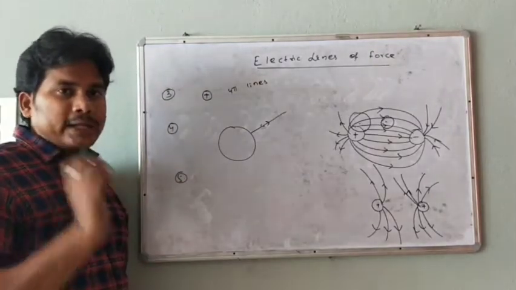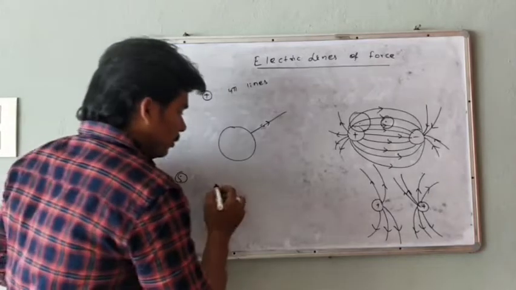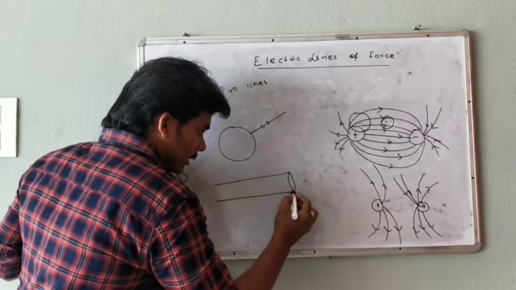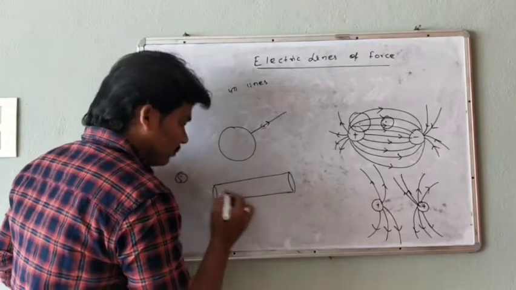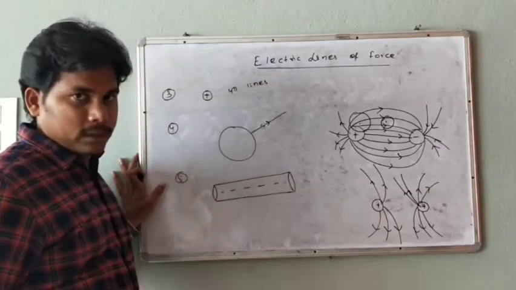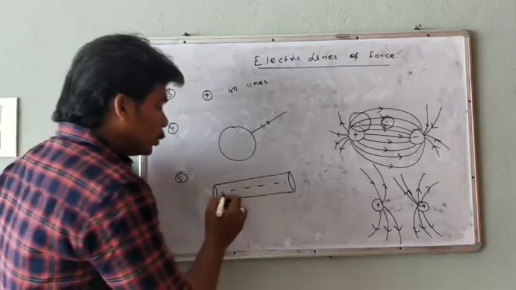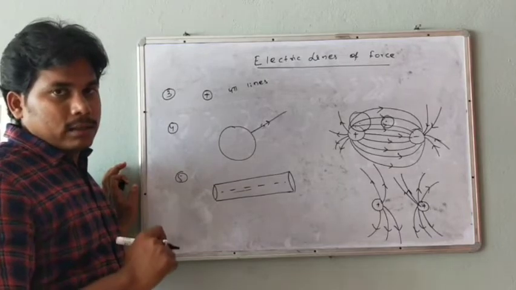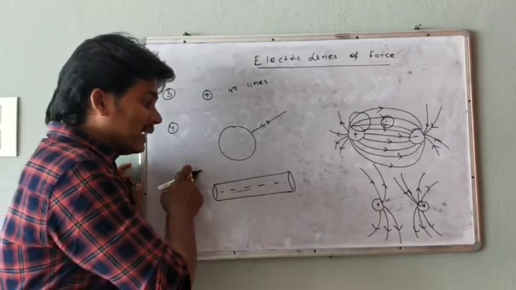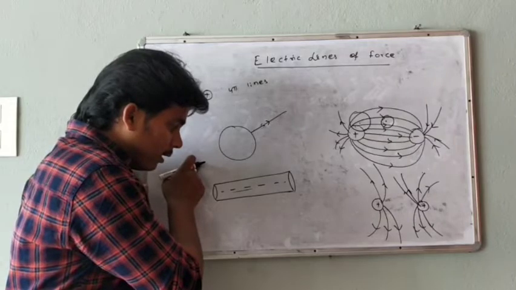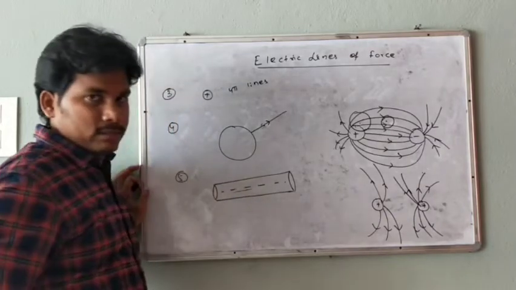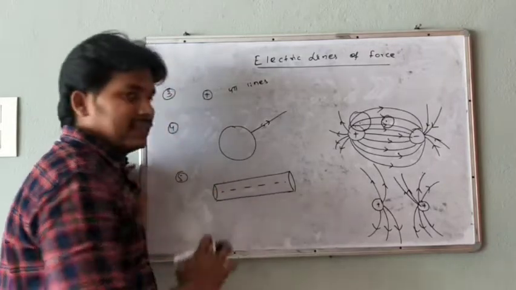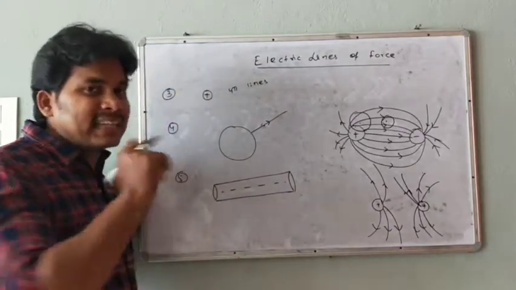And fifth point is that in a conductor there is no current and no charges within the conductor. Means there are no electric lines of force within the conductor. The electric lines of force never enter within the conductor, which simply implies that this space is completely charge free.